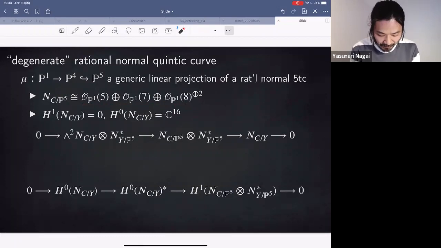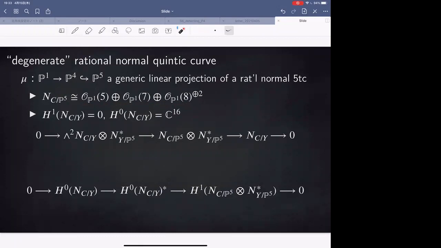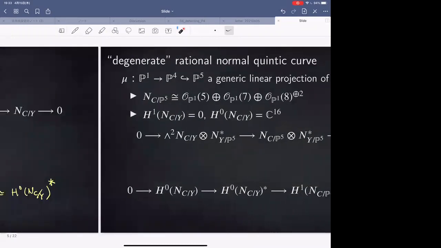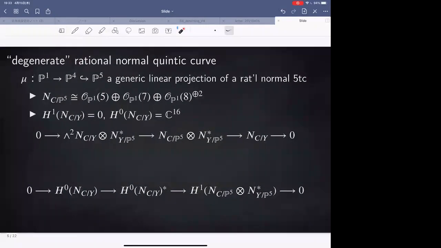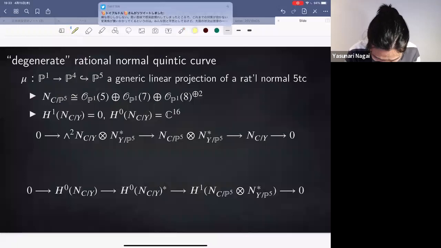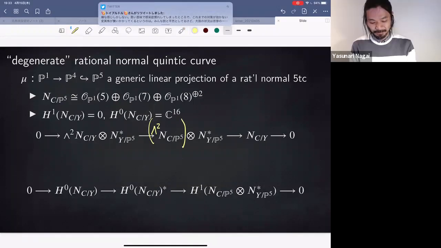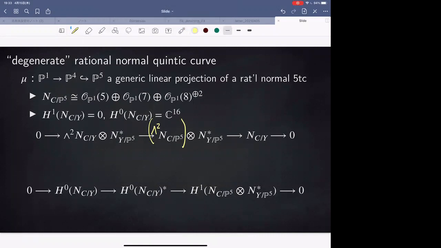I'm sorry, and as before, H2 is missing in the middle term of the exact sequence, and also in the bottom line. Yeah, here. Thank you very much.